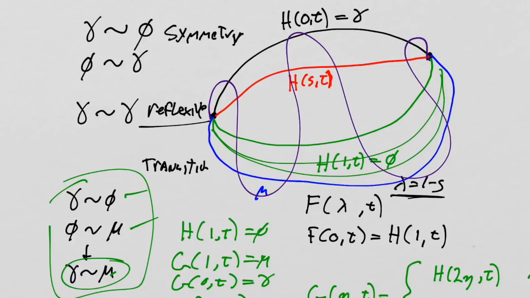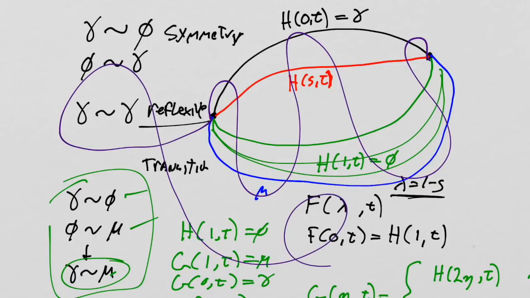We can still define homotopies with strange paths. The path could go around like this and loop and loop and loop and come back there. That's still a path.